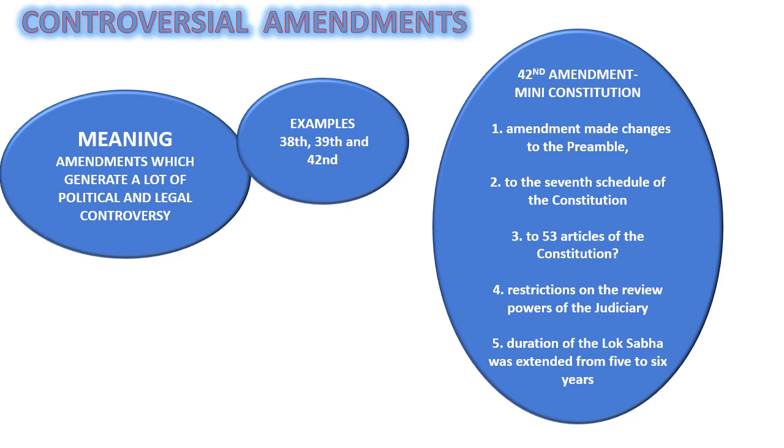Examples are 38th, 39th, and 42nd. 42nd Amendment is at times referred to as a mini constitution because this amendment was done in the background of the internal emergency imposed in India in the year 1975. And this amendment made changes to as many as 53 articles of the Indian Constitution.